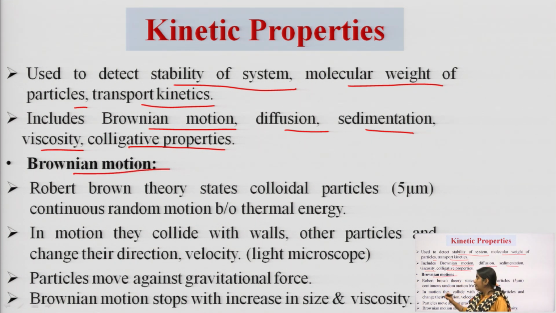Brownian motion. Robert Brown gave a theory which states that colloidal particles, when they are less than 5 micrometer, continuously show random motion, and this random motion is due to thermal energy. When they are in this zigzag random motion, they collide with the wall and with other particles, and due to this collision there is a change in direction and a change in velocity.